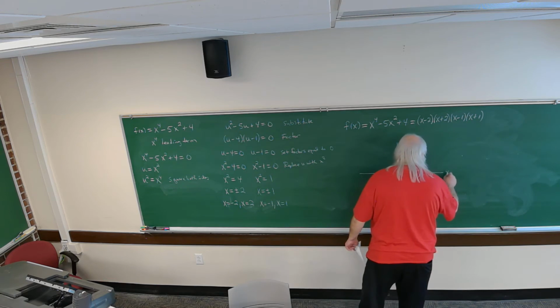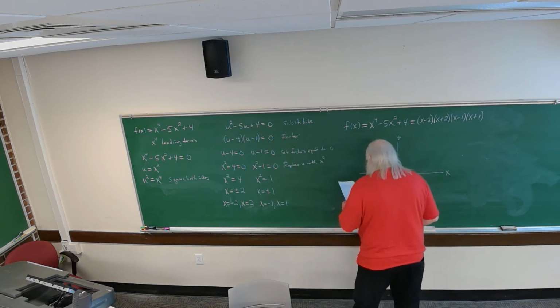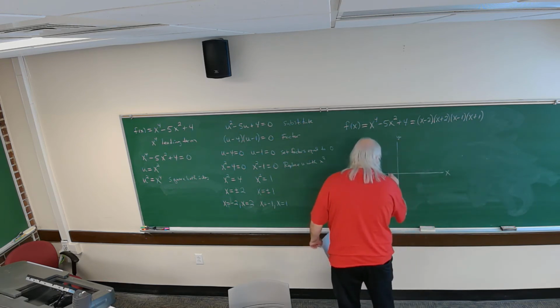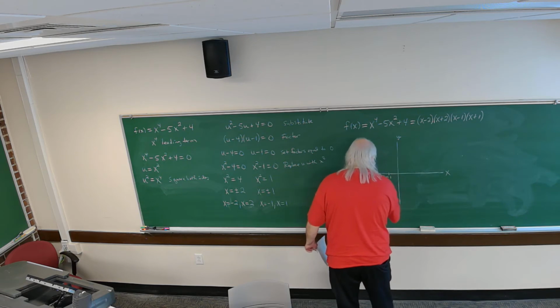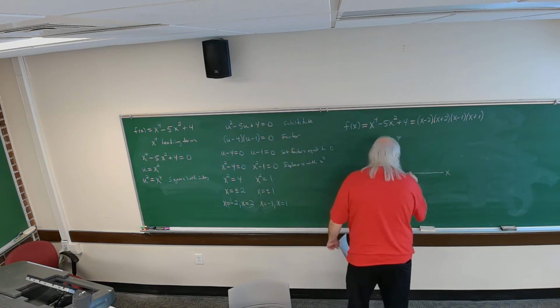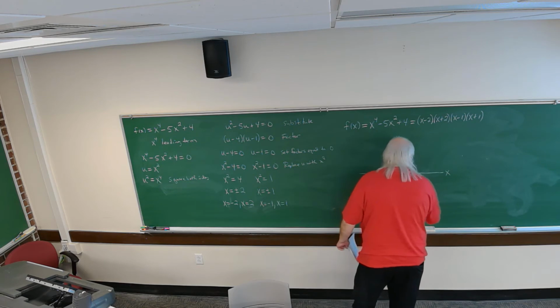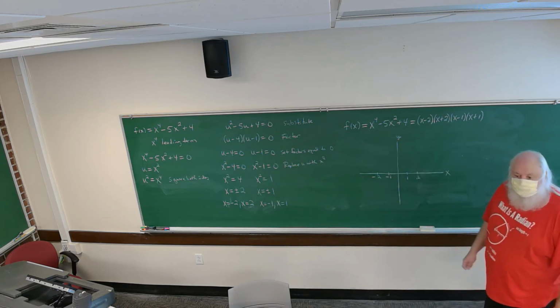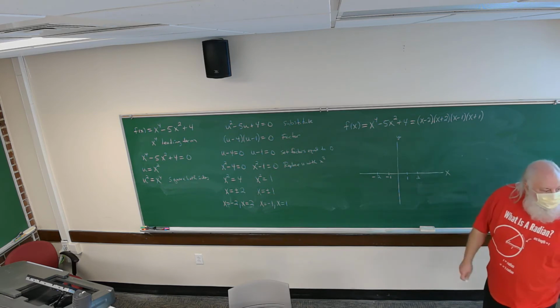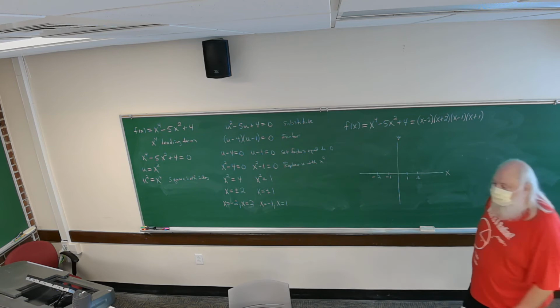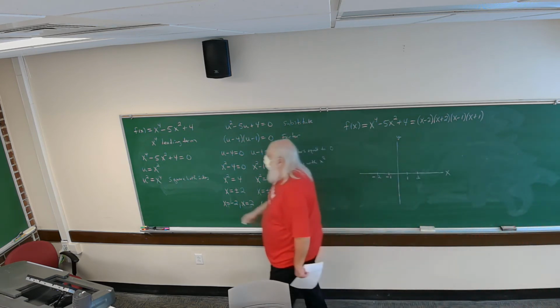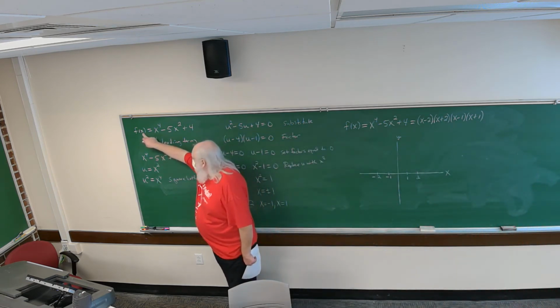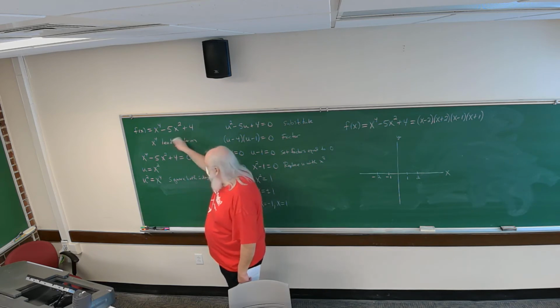So let's get our crude approximation to the graph of this function. What's the y-intercept? Do you know what the y-intercept is for this polynomial function? What is it? 4. Yeah, 4, right? Now to find the y-intercept, replace f(x) with y and put in 0 for x, and you get y equals 4.